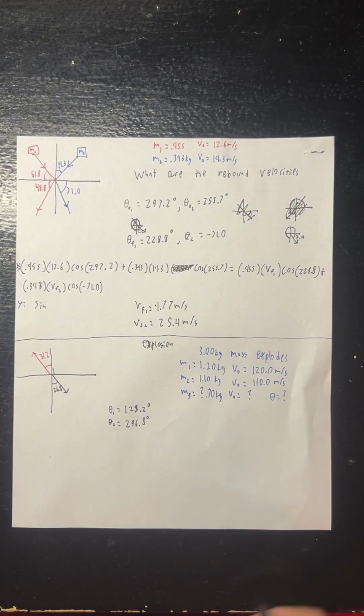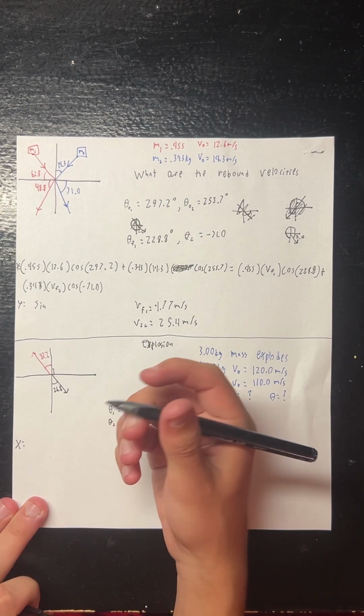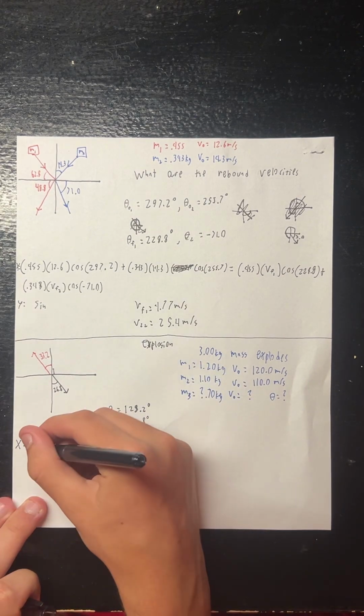Okay, so now that we have our thetas, we can set up some equations. So let's start with our x direction. So how does this work? Well, we're going to set up our equation and make it equal to 0.